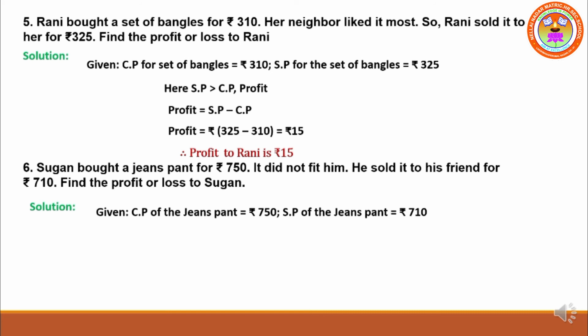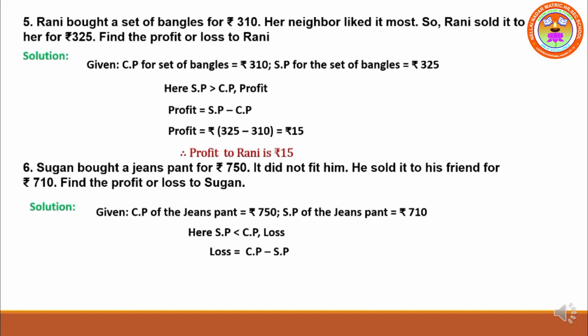So what should I do next? I have to compare the values of SP and CP. When I compare both the values, I find that my CP is greater than SP. So it means that there is a loss. Now tell me, what is the loss formula? Loss is equal to CP minus SP. Now we are going to substitute the values of CP and SP.